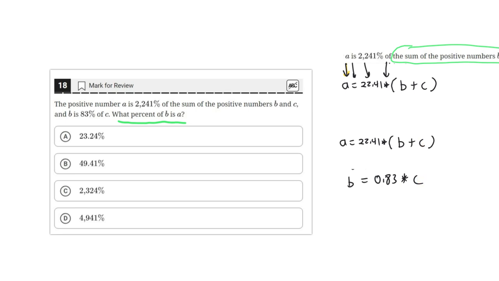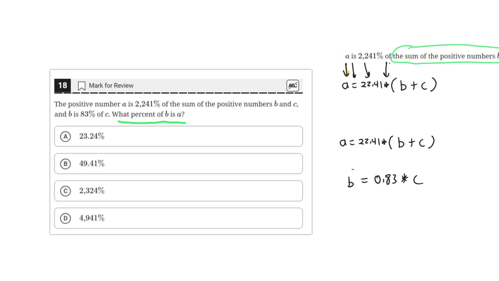So we need to find a way to get rid of C or replace it with something so that we have an equation that only features A and B, okay?